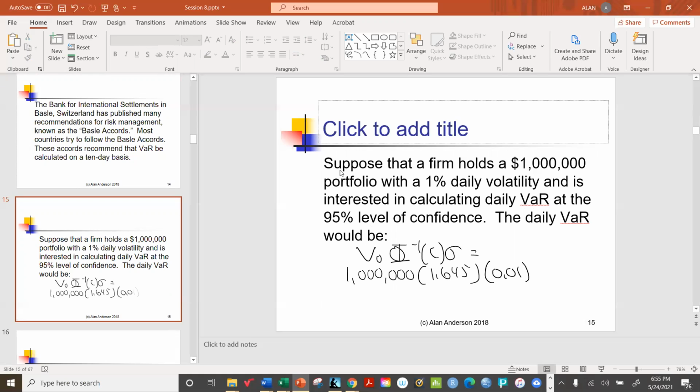It's understood that this refers to losses, so we normally just discard the negative sign. And so 16,450 is the amount we might potentially lose over a given trading day at the 95% level of confidence.